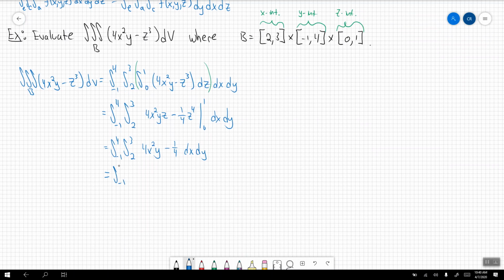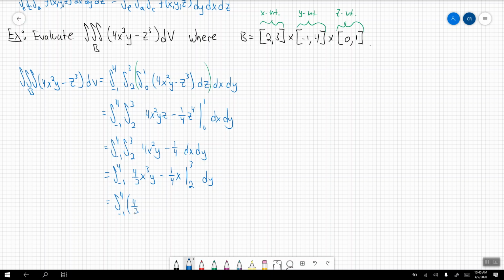All right, so this is the integral from -1 to 4, and I'm doing this with respect to x. So that means this is going to be 4/3 x cubed y minus 1/4 x. This is going to be evaluated from 2 to 3, and then we're going to do this dy. So let's go through now. This is going to be from -1 to 4, and I'm going to make my substitutions in here.